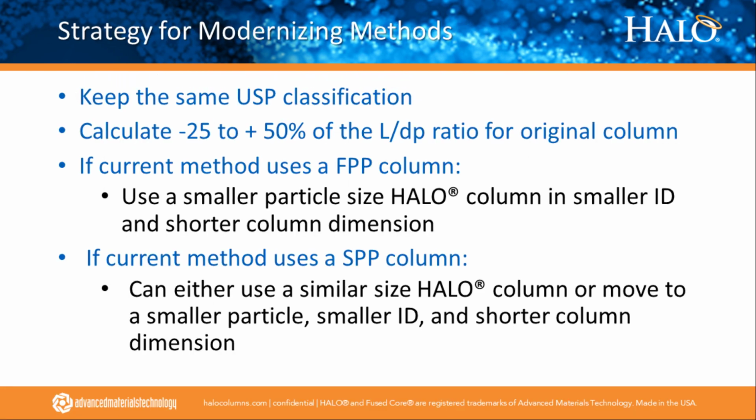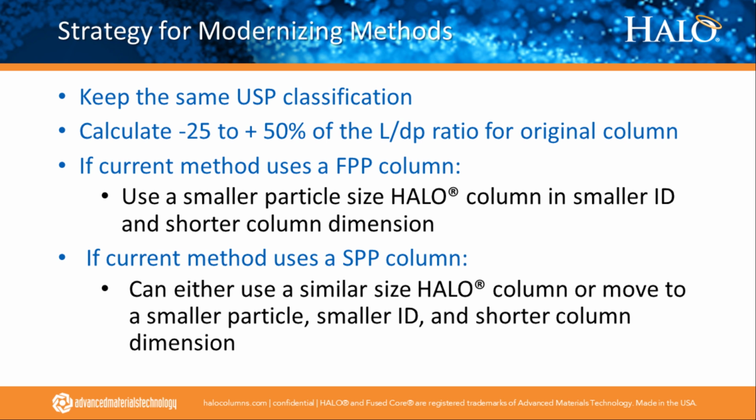So the strategy for modernizing methods that we recommend, of course, you have to keep the same USP classification. So if it's a C18 column, you have to use a C18 phase. Next, you want to calculate the minus 25 to plus 50% of the L to dp ratio for the original column.